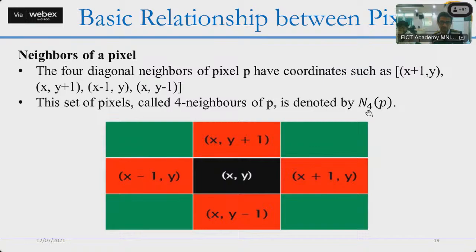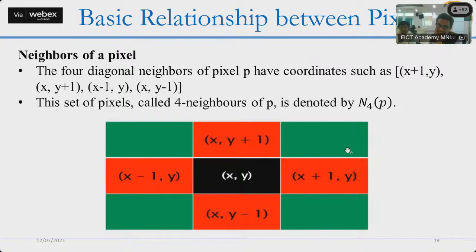So P is basically that initial pixel. Are only four neighbors possible, or is there any other arrangement? Can we see any other arrangement in the same figure? Can you answer?